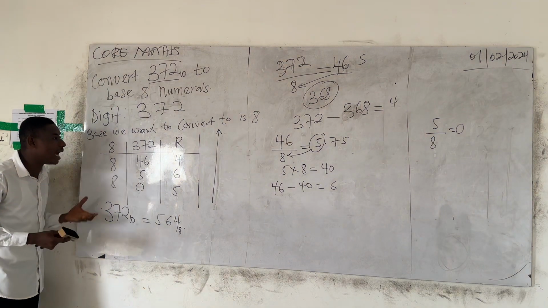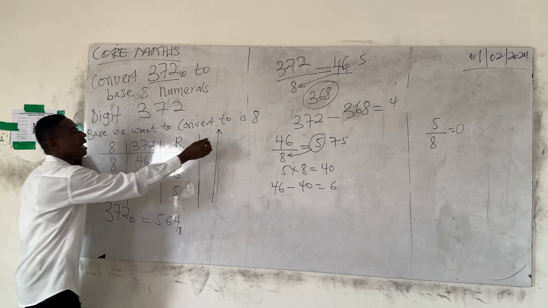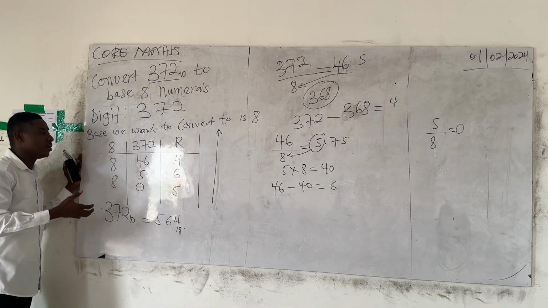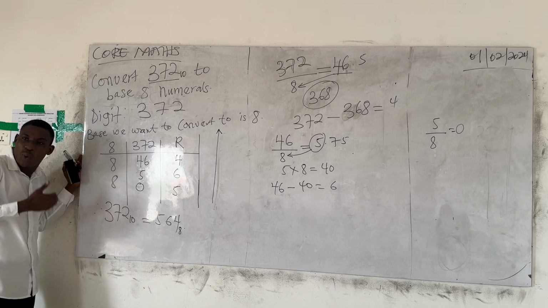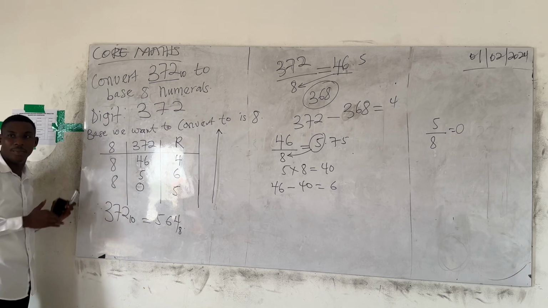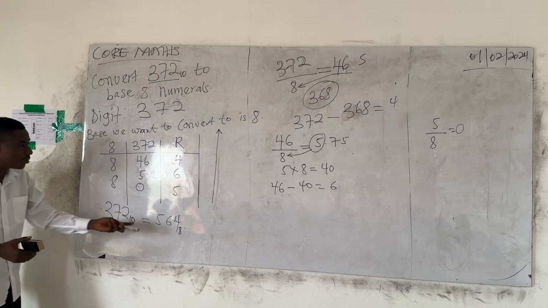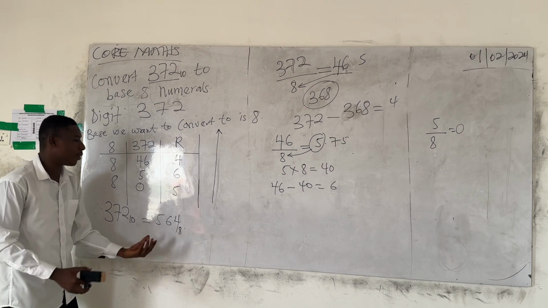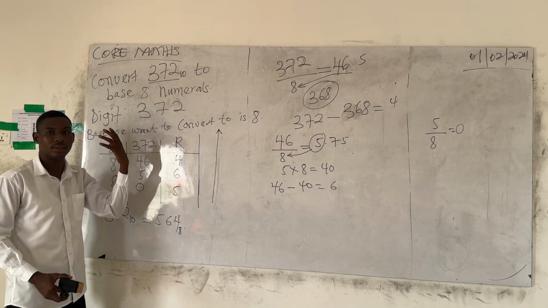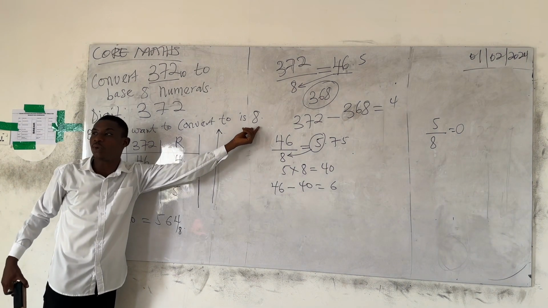Then you apply your division method. You use the base that we are converting into to divide the digits until we get a result which is less than the base, then you pause. Go to the remainder side and record the values, arranging them from the bottom upwards. And the value that we get will be in the new base that you want to convert it to.